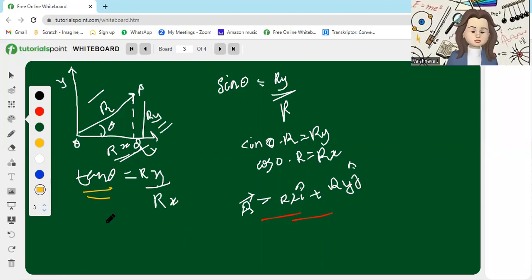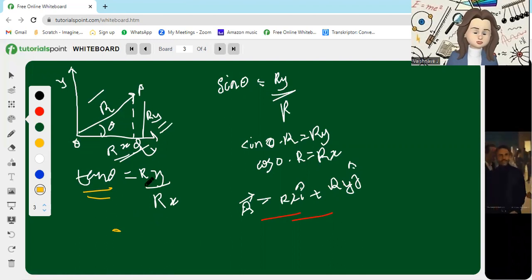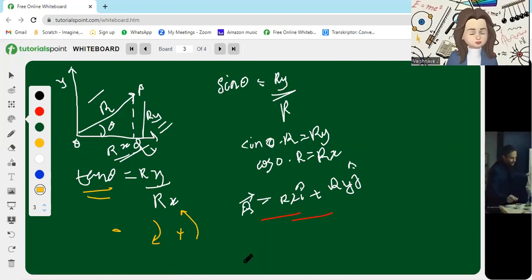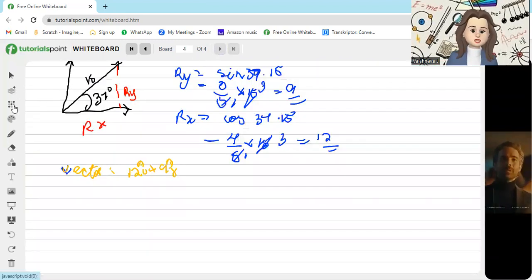If the value of ry by rx is negative, then this vector is traveling in the clockwise direction. If it's positive, it is traveling in the anti-clockwise direction. Clear? Then we will see direction cosines right now. I'll add another slide.